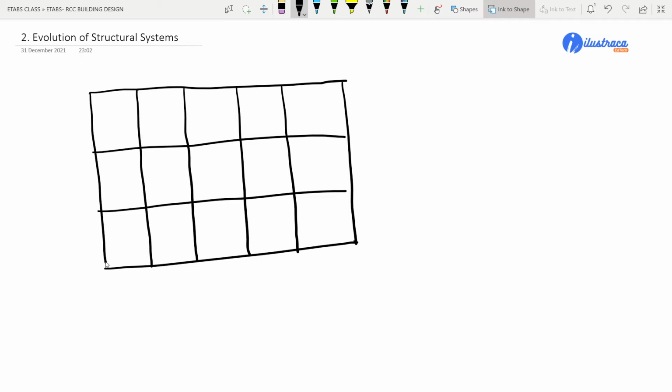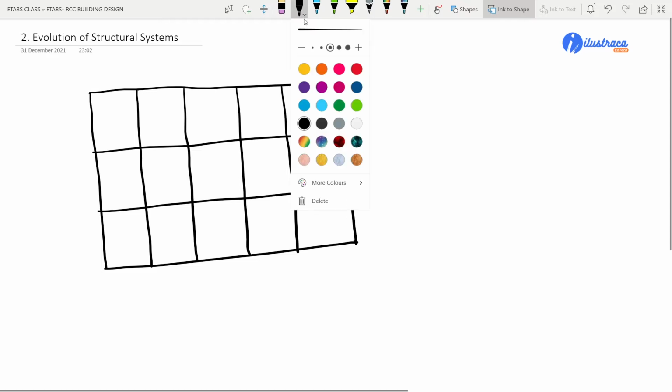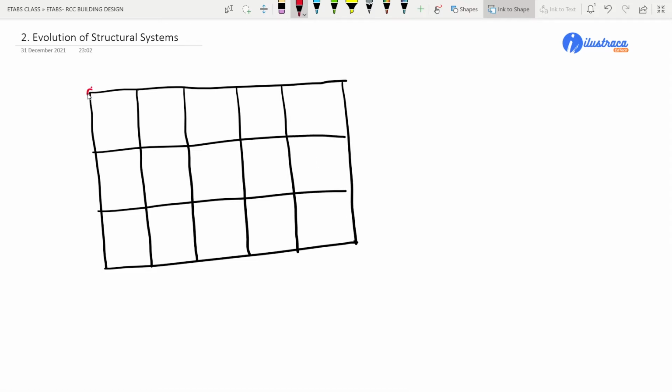So I have drawn the beam plan, and suppose I place columns at every beam junction.